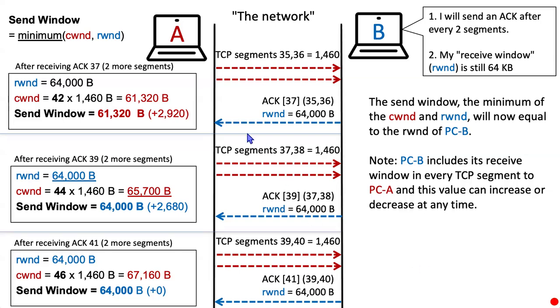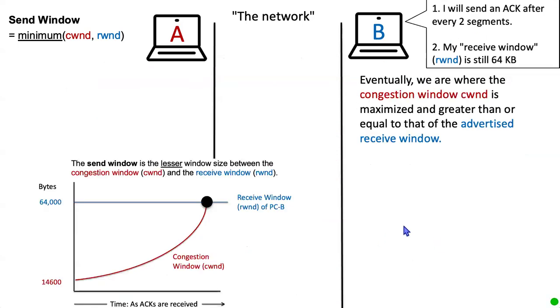But I hope you can see here that our send window started off small, at 10 maximum segment sizes, which was 1,460 bytes times 10, 14,600 bytes, and gradually increased until it reached the receive window of PCB, in this case, 64,000 bytes.